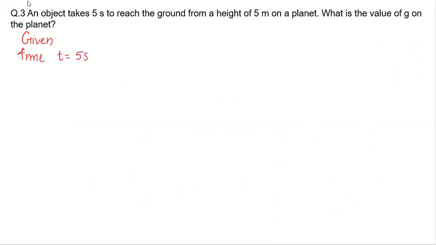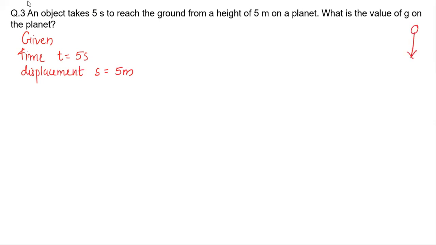From a height will be equal to displacement. That is displacement s is equal to 5 meters. What is the value of g on the planet? An object takes 5 seconds to reach the ground. So from the planet, the object is falling down.